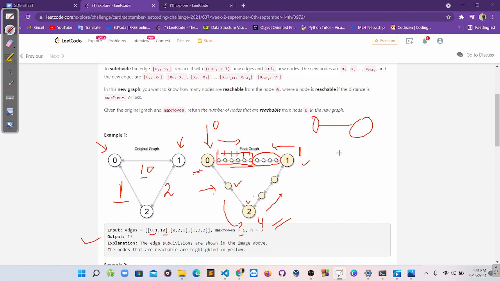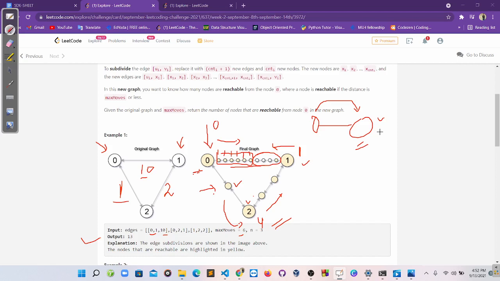So we can say we can move from there to there, and after reaching that node, we also remain with some more moves that we can use to explore more from that node. Okay. So here we can see that we have to find some shortest path, some stuff like that.